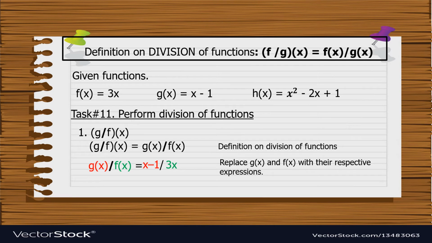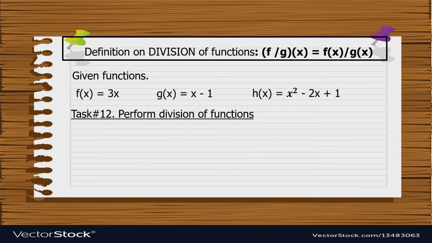Simply replace g of x and f of x with their respective expressions. For the final answer, x minus 1 over 3x. Since we cannot simplify it further, the quotient of g of x and f of x equals x minus 1 over 3x.